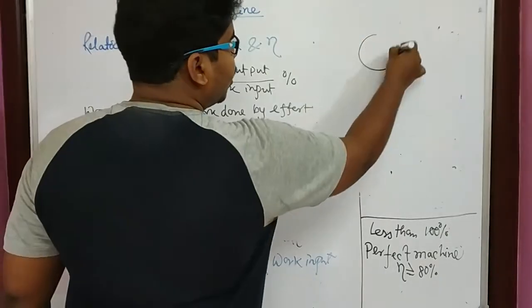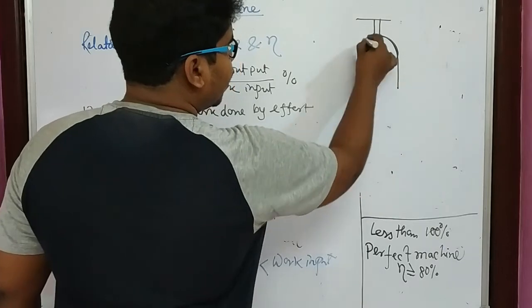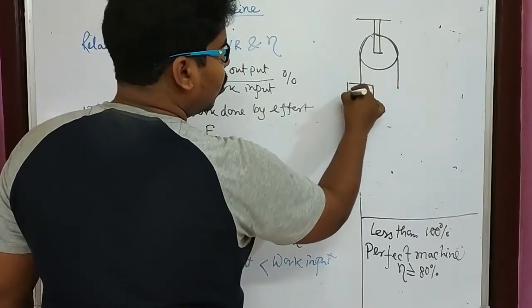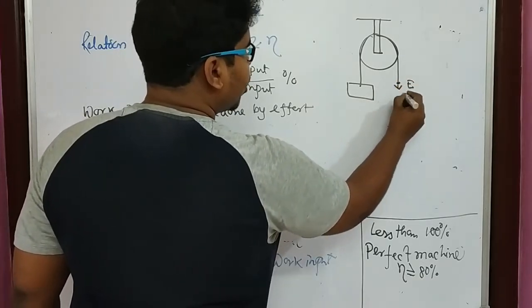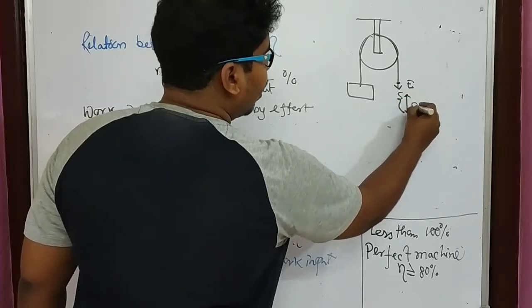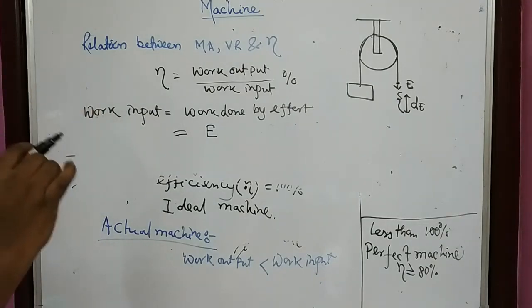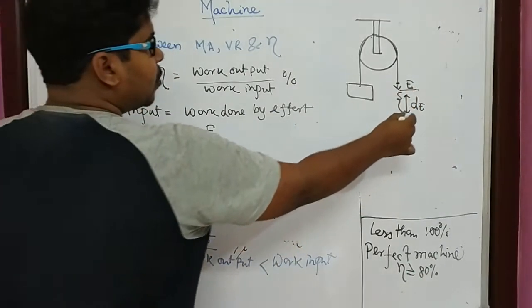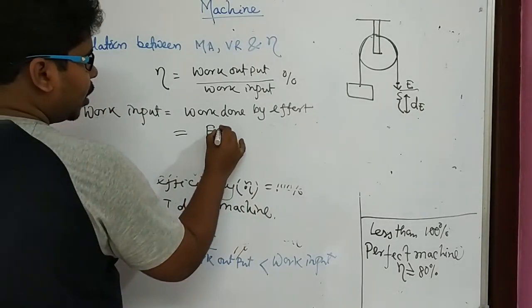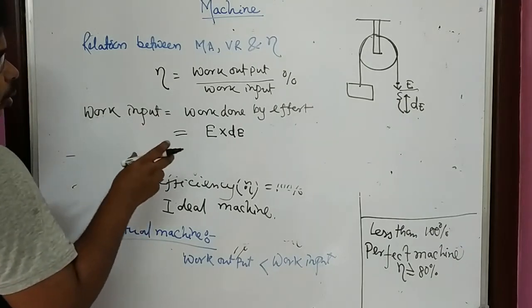I am doing this for a pulley because it is easier to explain. Assume this is your load and you are applying effort here, in the downward direction, displaced by dE. In the previous class we learned that work done is equal to force into displacement. So here the force is E, the displacement is dE, so E into dE. This is work input.